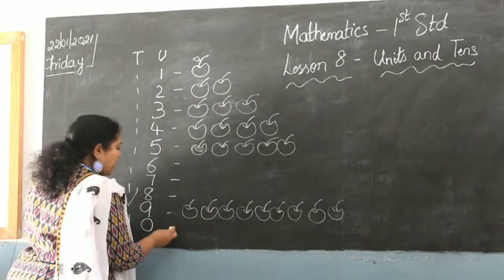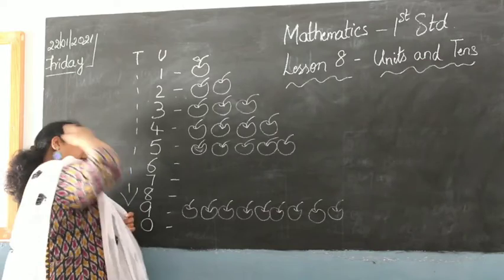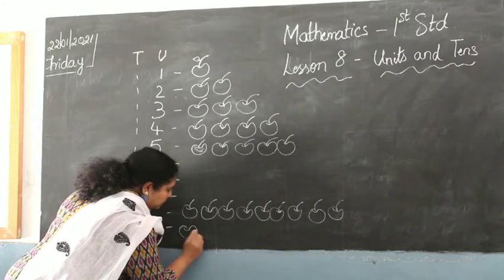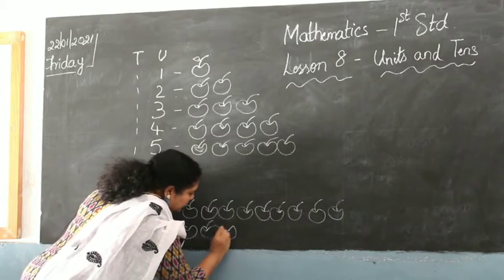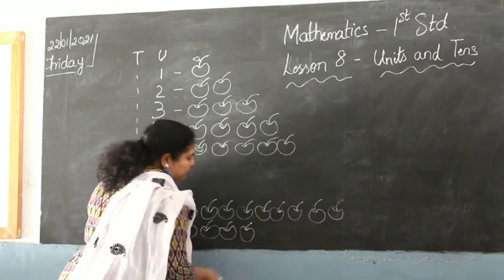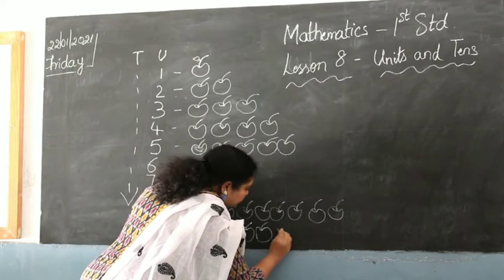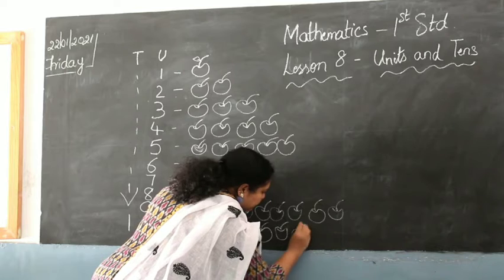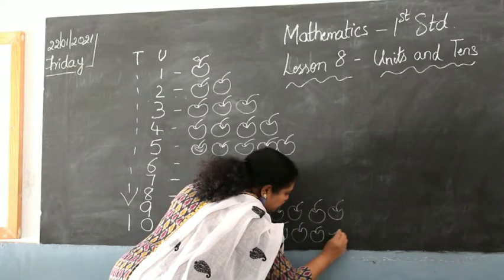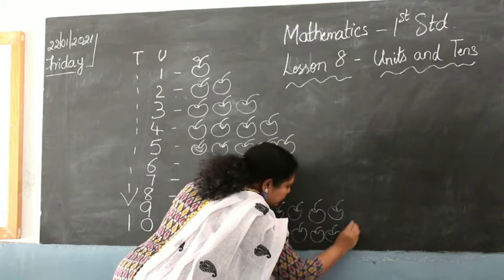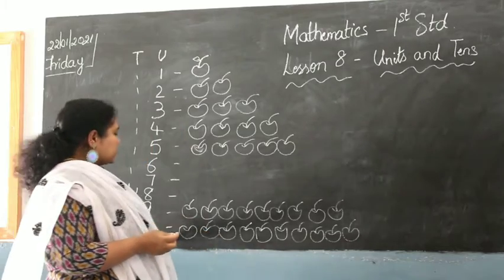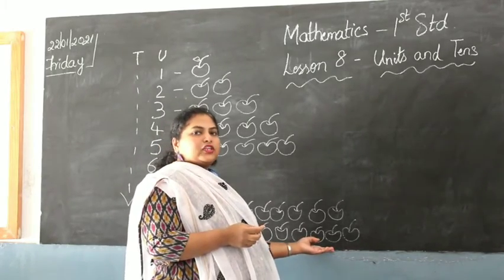Now for 10 apples, you will have to draw 10 apples, right? 1, 2, 3, 4, 5, 6, 7, 8, 9 and 10 apples. So it is called 10 units.